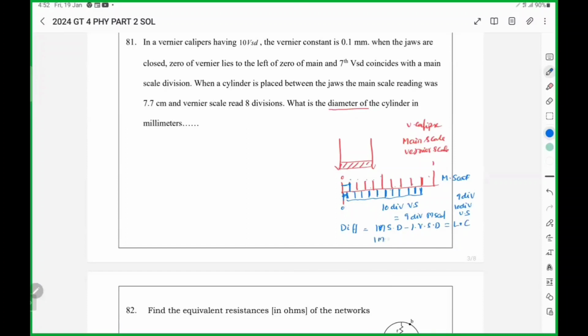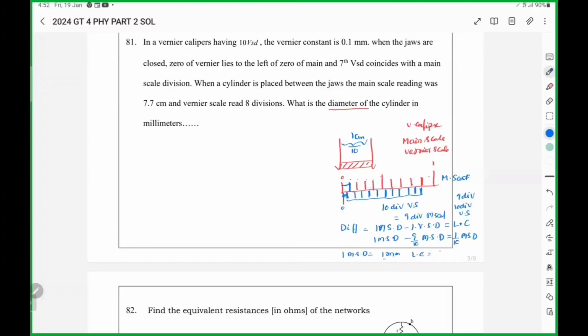So here one division of the vernier scale is 9 by 10 of a main scale division, which makes the difference 1 by 10 of a main scale division. One main scale division is 1 mm because 1 centimeter is divided into 10 parts, so that is 1 by 10 centimeter, which means 1 mm.